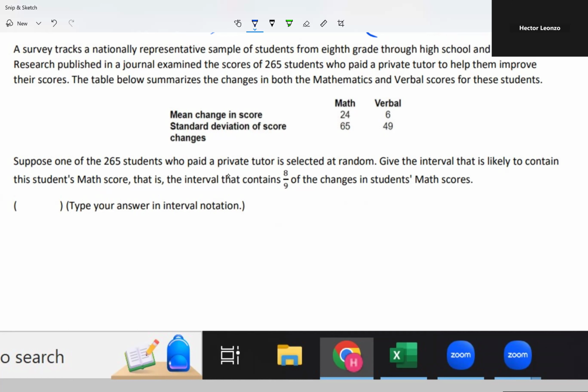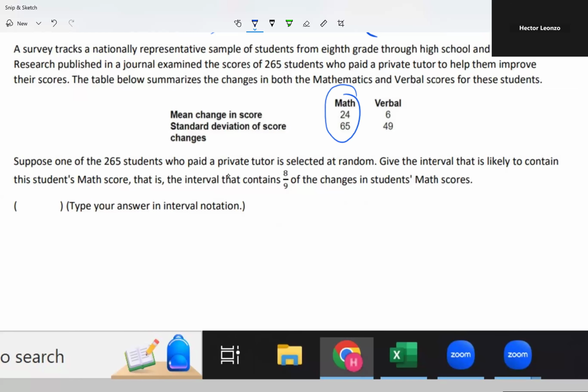So we have a mean and a standard deviation in math and in verbal. Those are the changes. Suppose one of the 265 students who paid a private tutor is selected at random. Give the interval that is likely to contain the student's math scores.